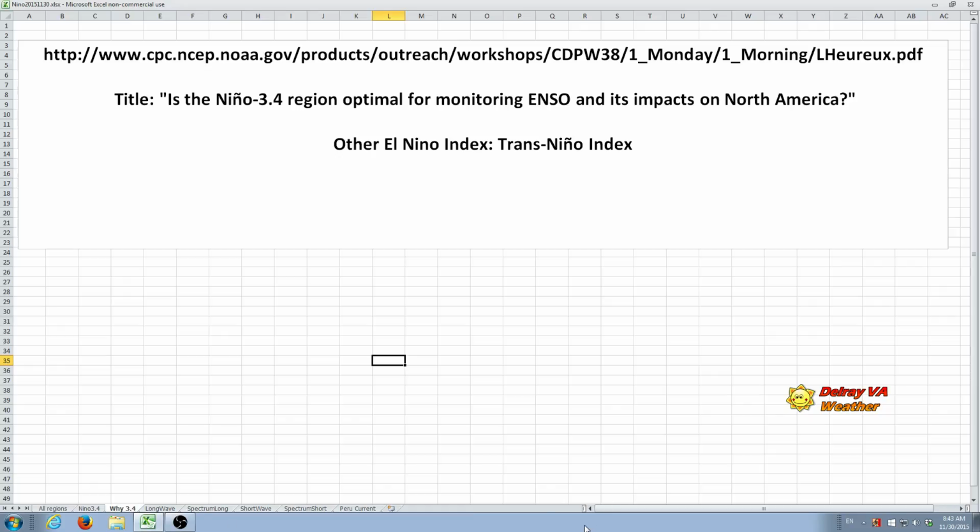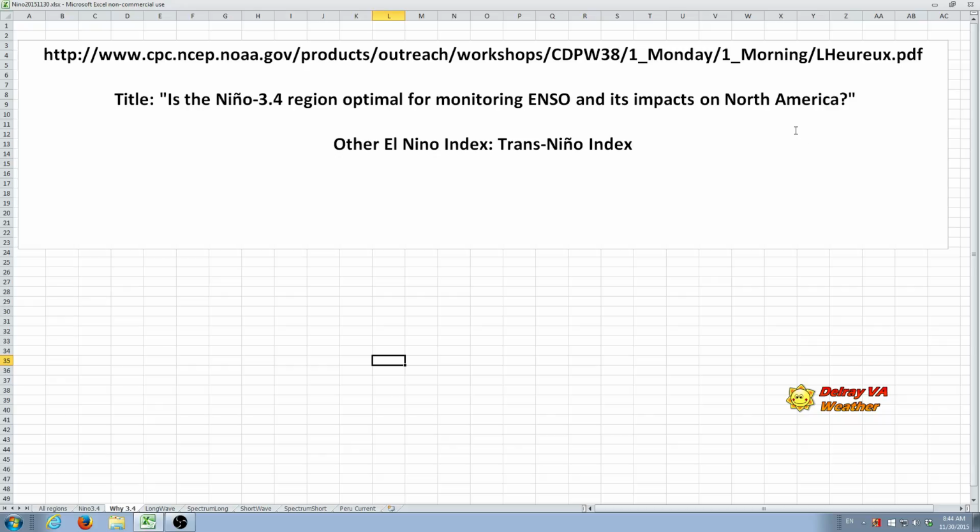Okay, why do they base that on Nino 3.4? Well, I think it was the result of a conference that occurred in the D.C. area a few years ago, in which a paper was given, in which the presenter made a statistical case that Nino 3.4, that region, is the optimal for monitoring El Nino, and it generally follows what the climatological effects would be.